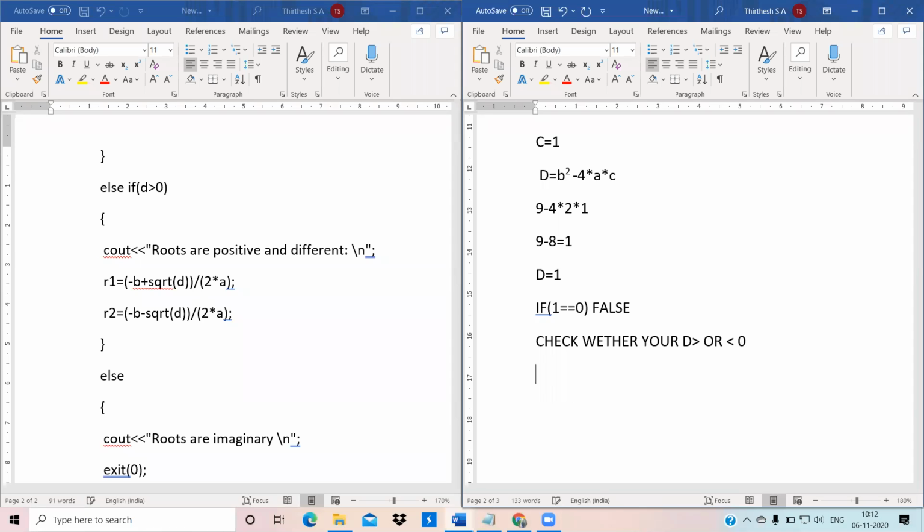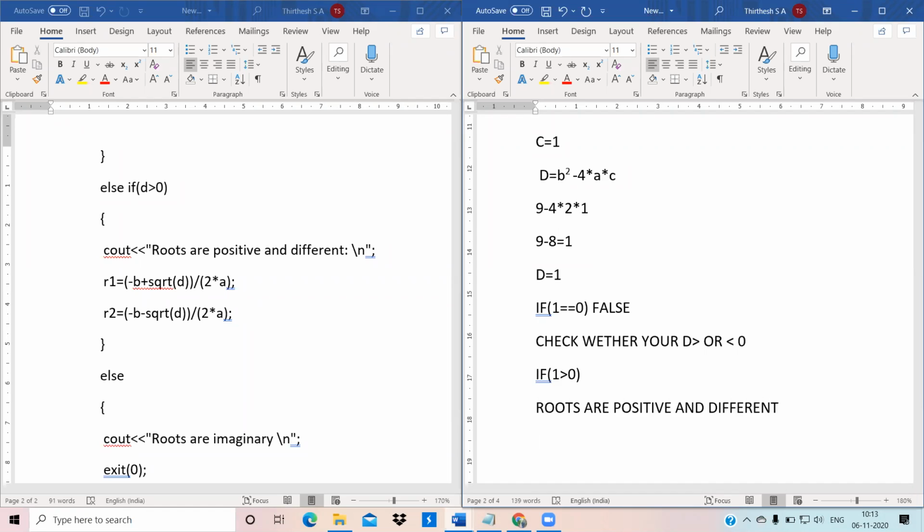Now you're going to check that if 1 is greater than 0, then you're going to say that roots are positive and different.